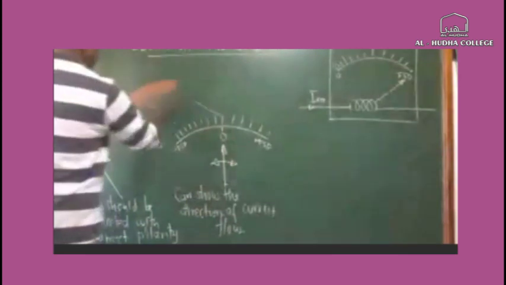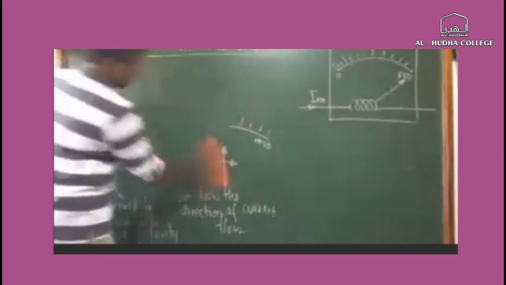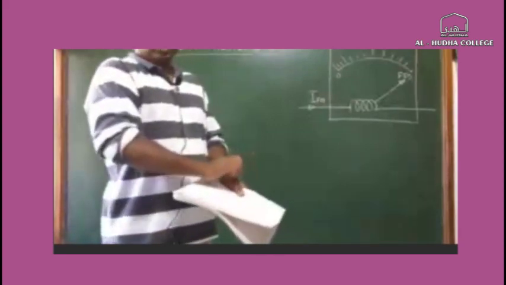That is the most important thing in measurement. Always you should have an idea how much current is going to flow. That is usually calculated, and then only you can measure. If you just start using the galvanometer without knowing how much current is going to flow, it will burn your meter, right?